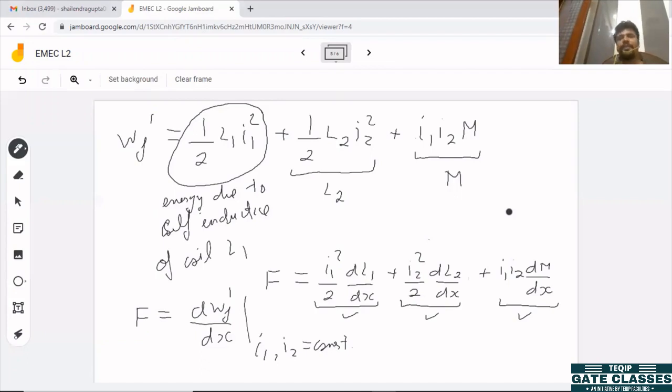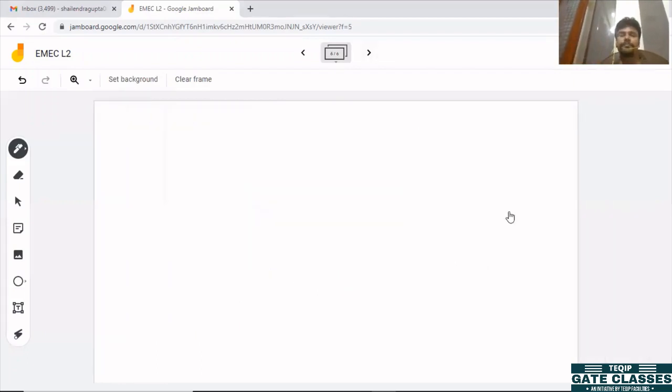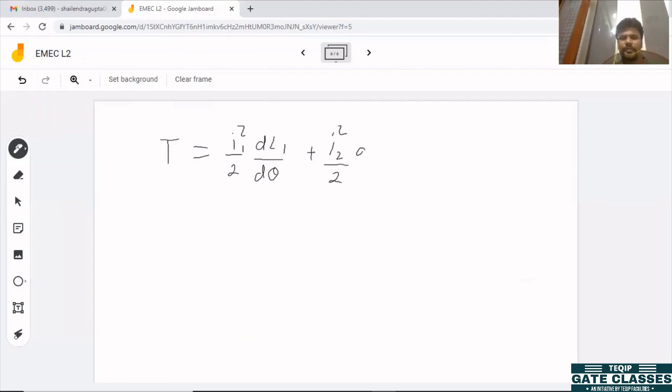So if we go on and study this in angular motion, then we can write T, the torque, as I1 square by 2 dL1 by d theta plus I2 whole square by 2 dL2 by d theta plus I1 I2 dM by d theta.